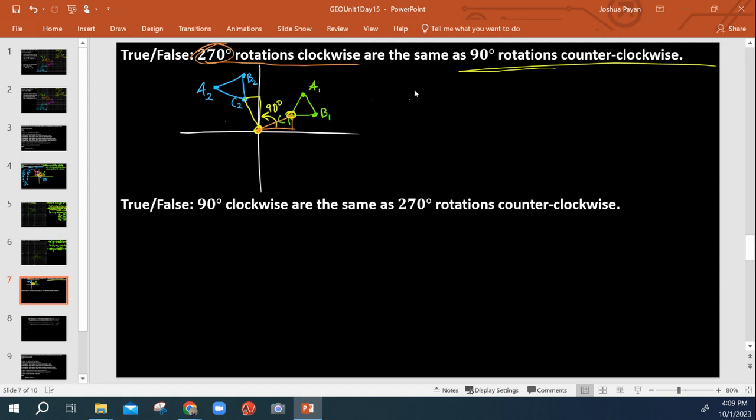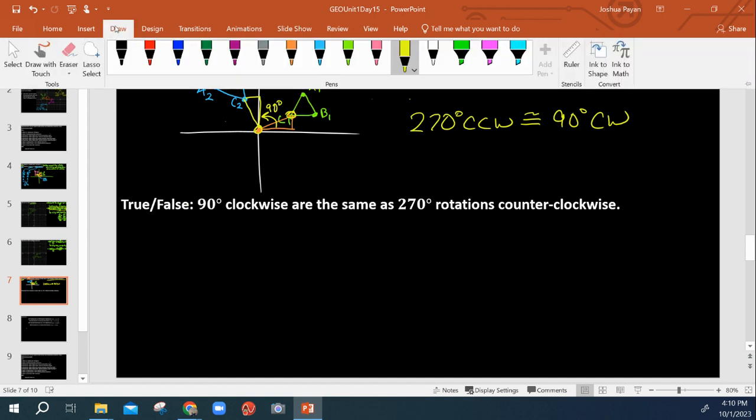And we end up in the same spot. So this is obviously very true. Okay, so 270 degrees clockwise is congruent, or the same thing we'll say, as 90 degrees in the opposite direction, right? So that proves that true.